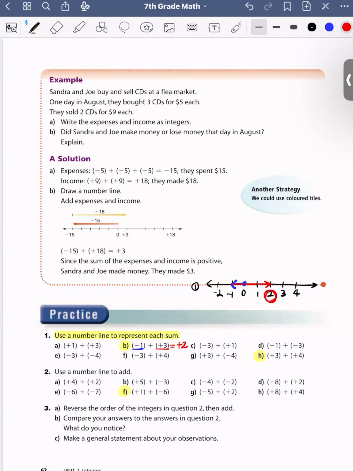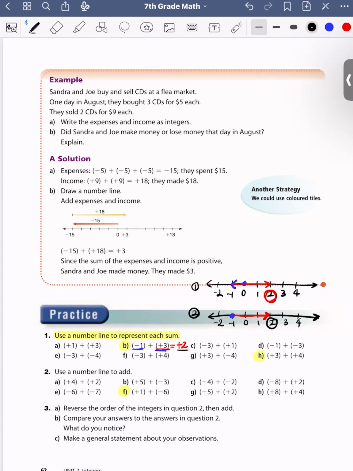Right? Or what we can also do is we start from the first number, which is negative 1 in this case. So let me draw another number line. You start from negative 1. And since you're at plus 3, you're going to draw an arrow that's 1, 2, 3 units long towards the positive direction, right? And that's going to give us plus 2, the same number for the answer.